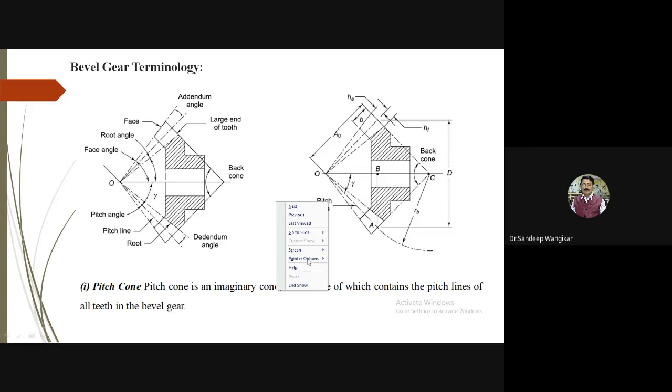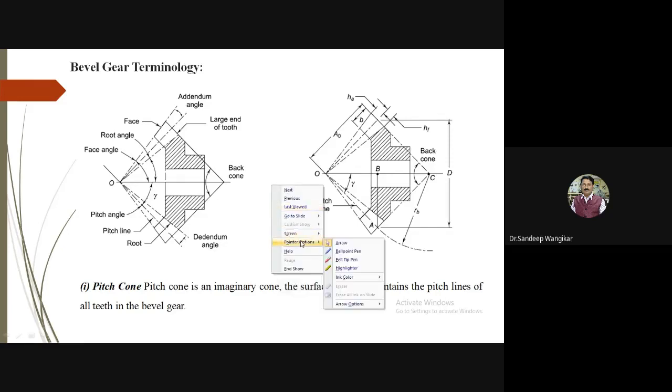A bevel gear is shown. You can see the complete bevel gear terminology. Let me tell you how the bevel gear is imagined.